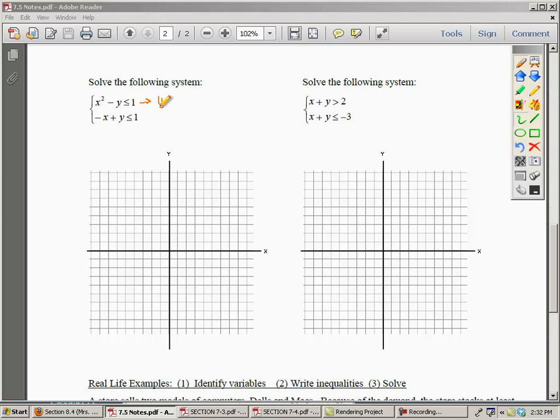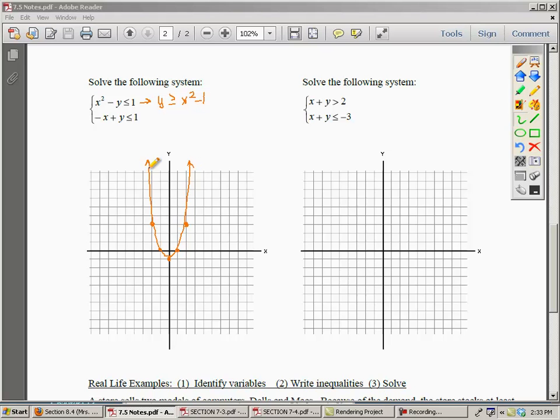It's y is greater than or equal to x squared minus 1. X squared is a parabola, and we've shifted it down 1. So let me plot some points. And we end up getting, because it's greater than or equal to, we can have a solid parabola.